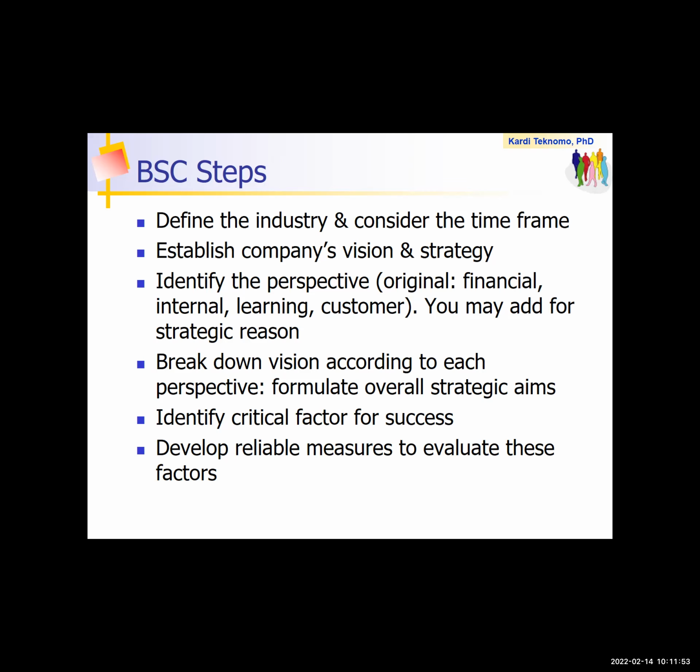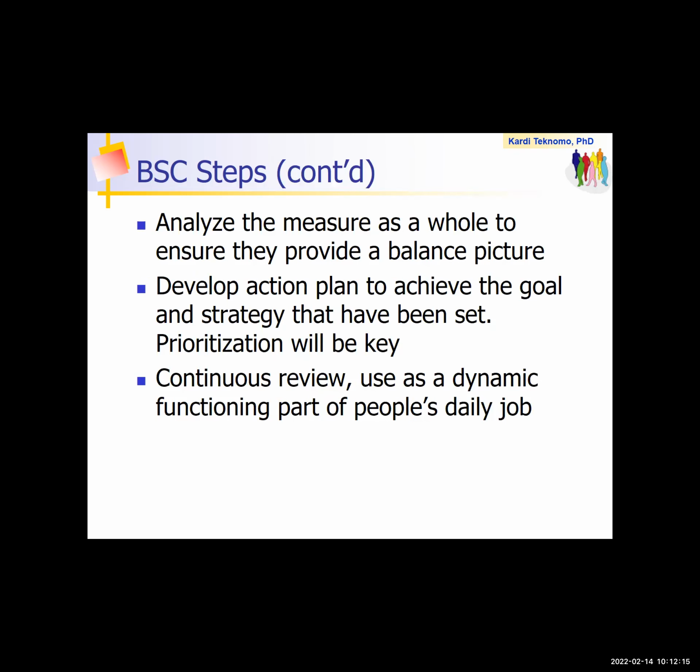And then you break down each of these perspectives, okay, into a strategic aim. Okay? What is the objective? Then you identify the critical factor for success, and then you measure. Yeah, you tell what is the measure to evaluate this factor. Okay.